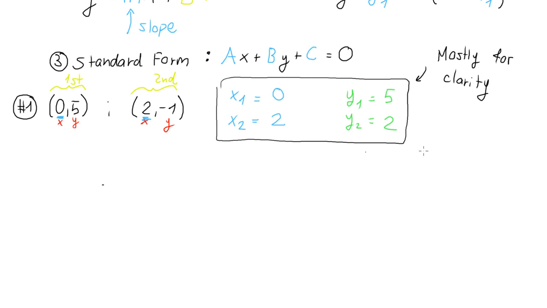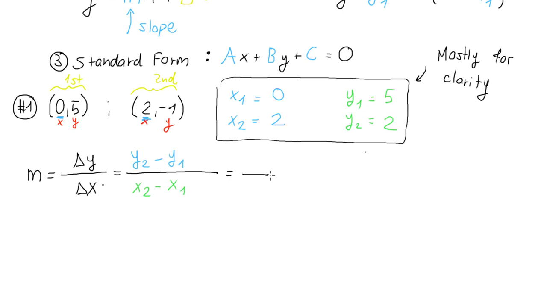Okay, so we have these numbers. We want to calculate the slope. I'll use a different color, I'll just use black. The slope equation is always the change in y over the change in x. That is how steep the function is. We write down y2 minus y1 divided by x2 minus x1.